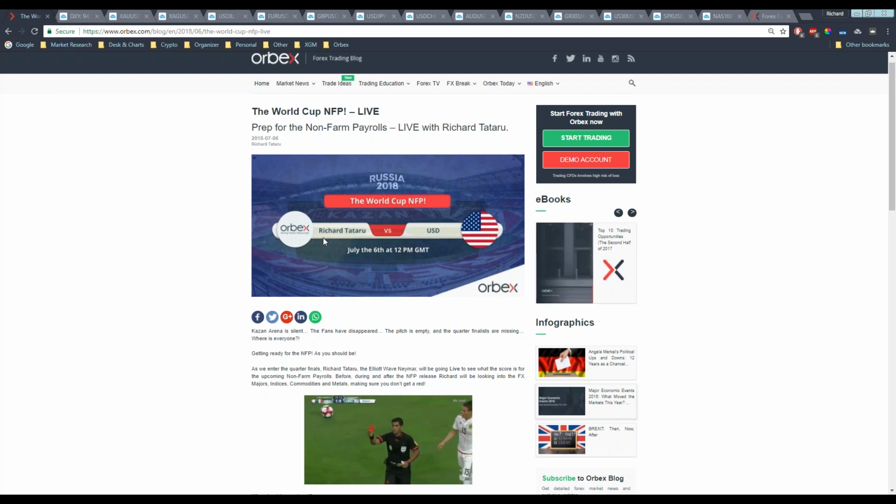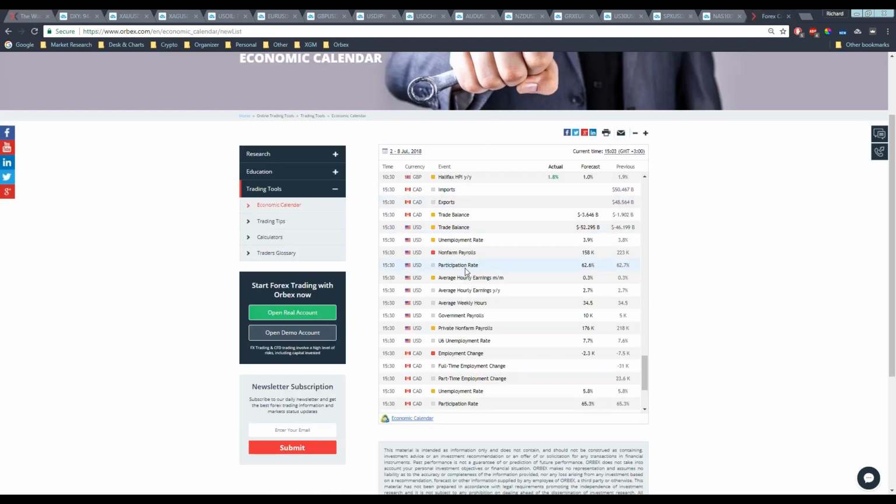It's going to be, let's say, for instance, Orbex All Stars versus the US dollar, the non-farm payrolls event. This data will be released. For those of you who do not know what the non-farm payrolls release is, it's a fundamental event.